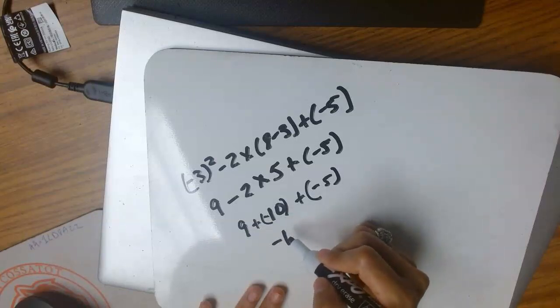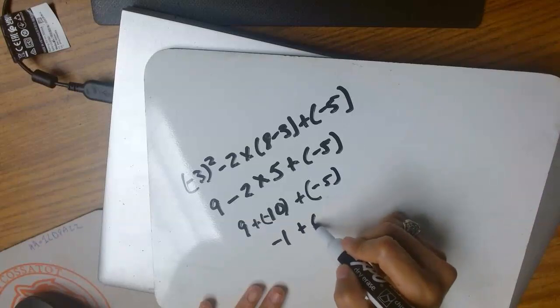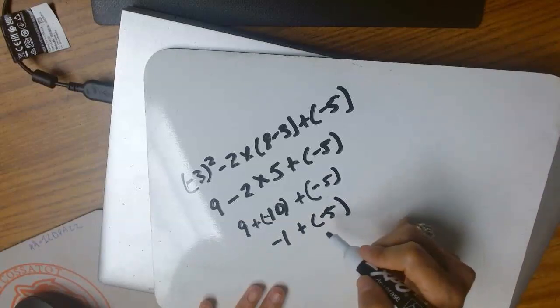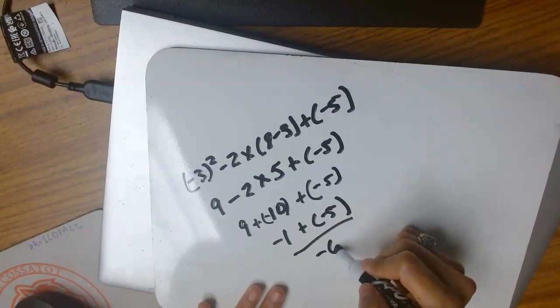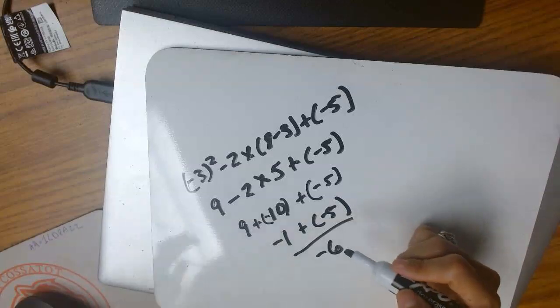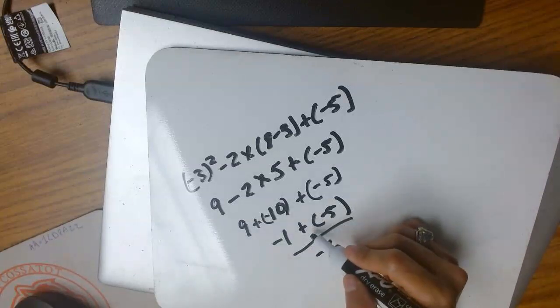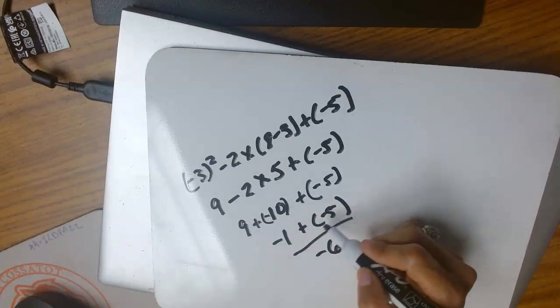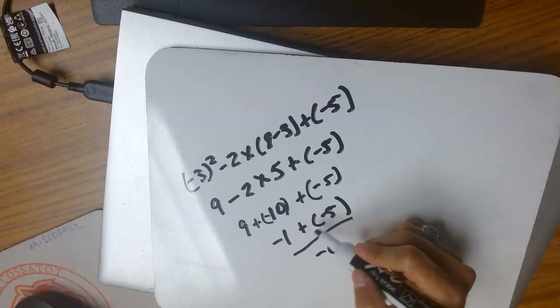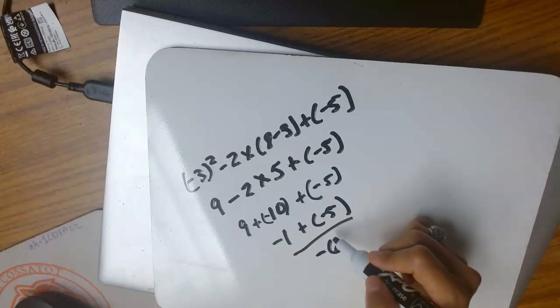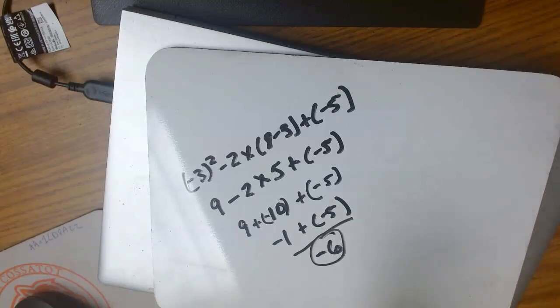So it's going to be -1 plus -5, which gives you -6, because 5 and 1 are both negative. A negative and a negative, when it's asking you to add, you add because they've got the same symbol. So 5 and 1 is 6, and you bring down the negative sign with it. So the answer is -6. That's how you do order of operations when you're dealing with exponents, expressions, and parentheses.